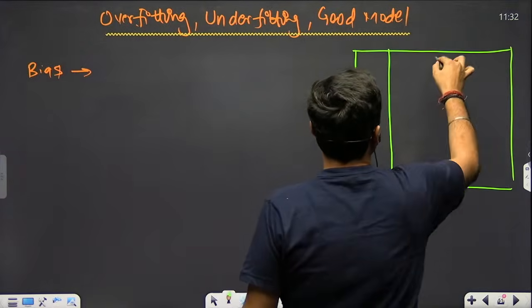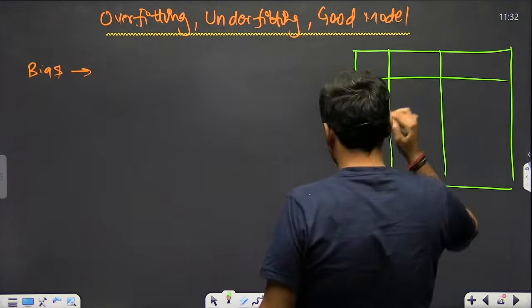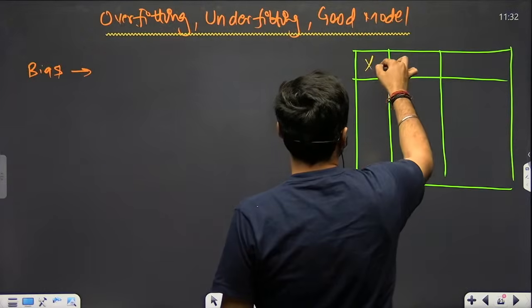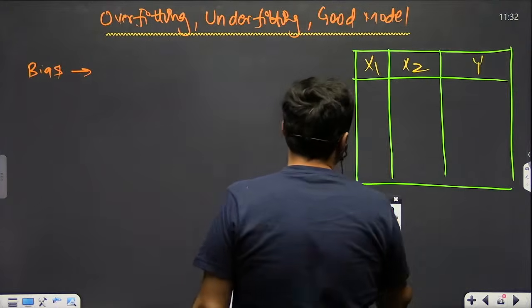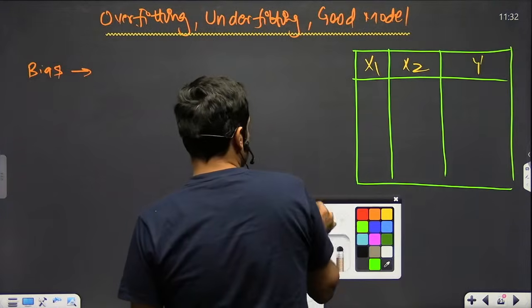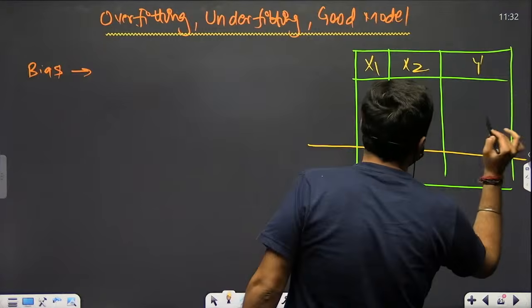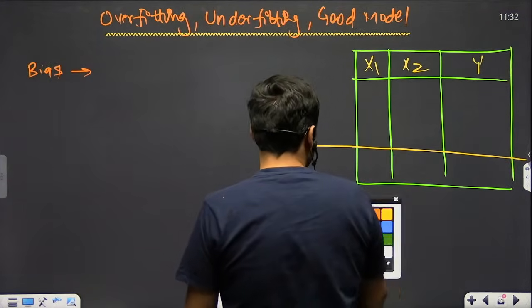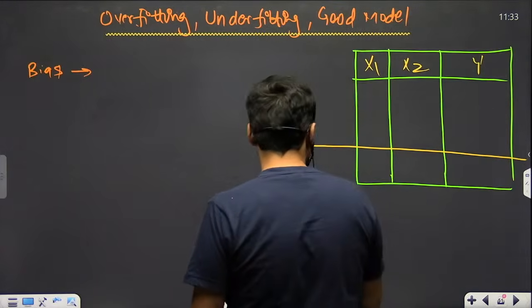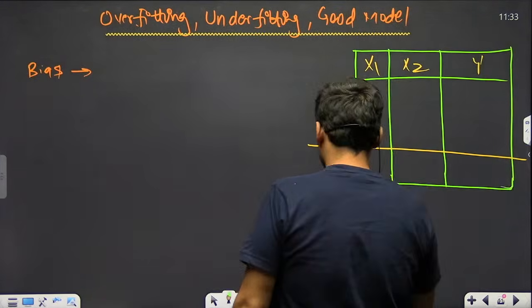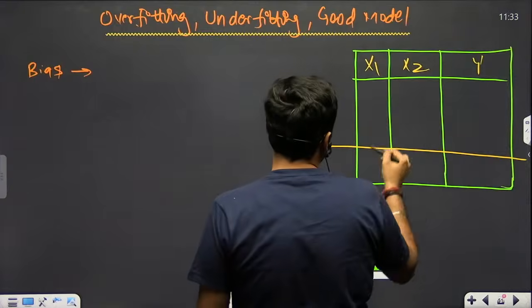For example, I have a data set with x1, x2, and the target variable. I would divide the data set, as I told you that we have three phases in building any machine learning model.